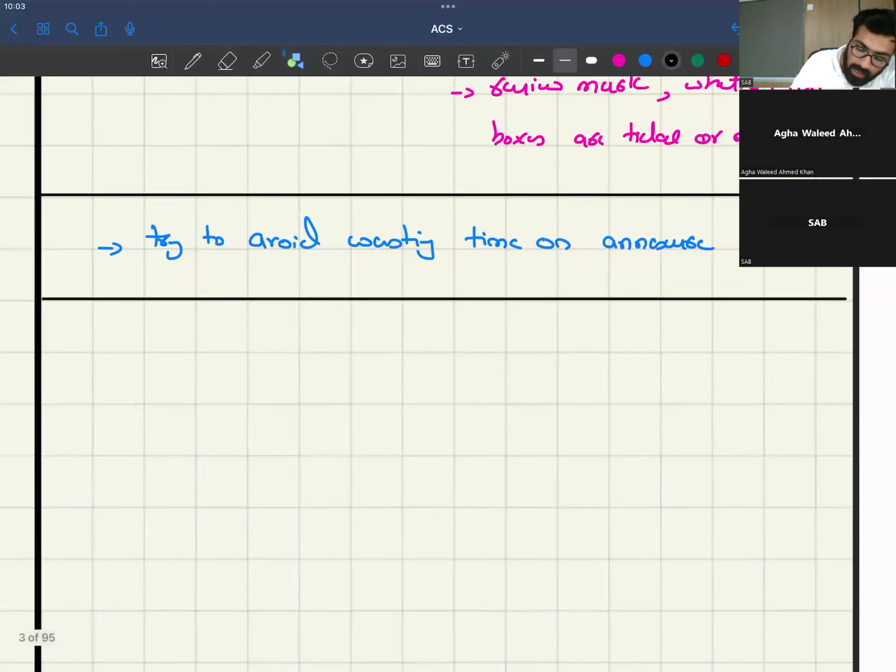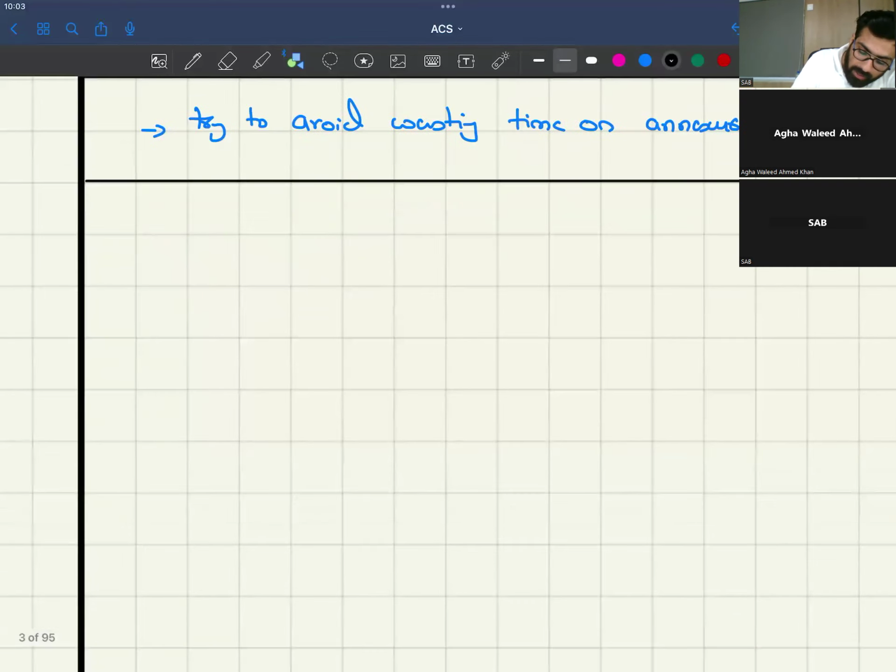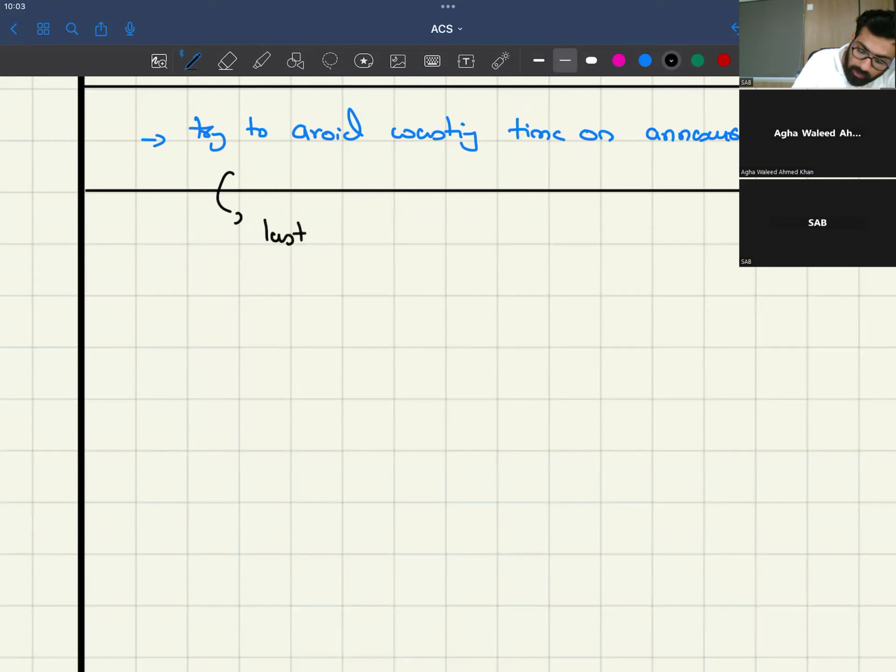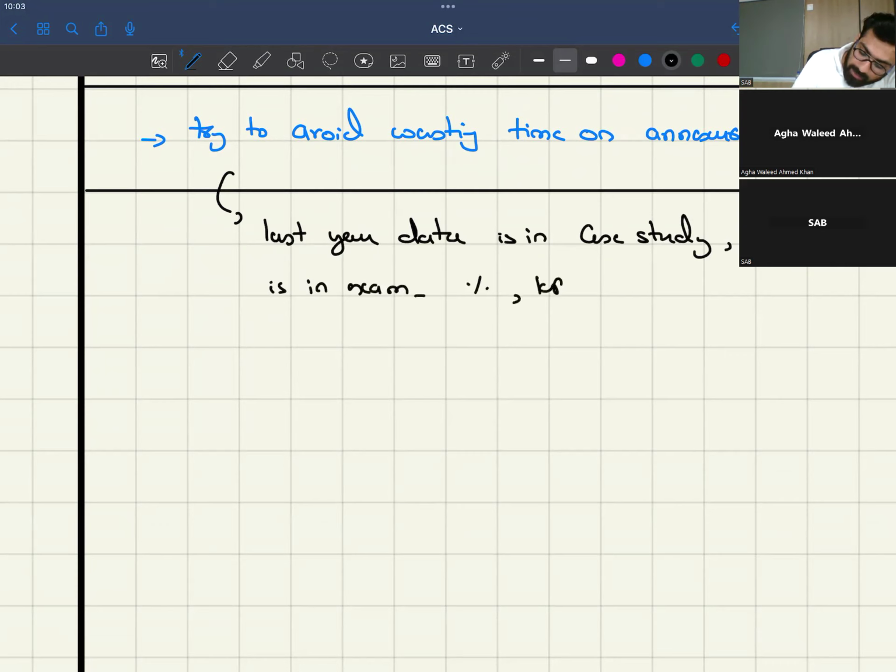The pattern is that in requirement one, last year's data is in the advanced case study, right? The case study sent to you. Current year data is in the exam. So you have to calculate percentages, KPIs, any tailor-made ratios.